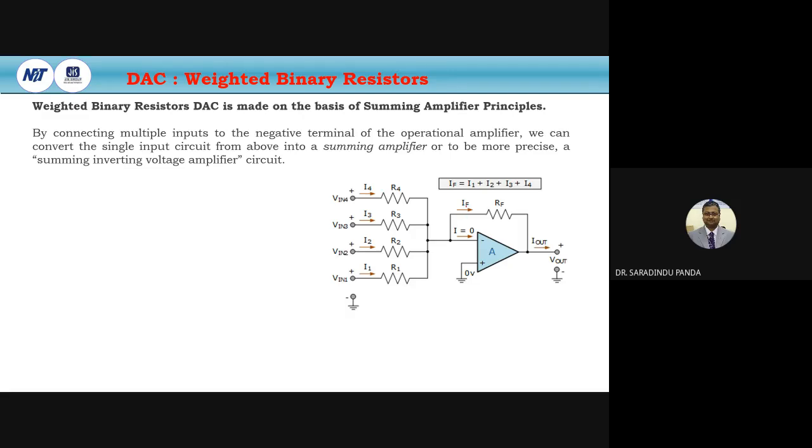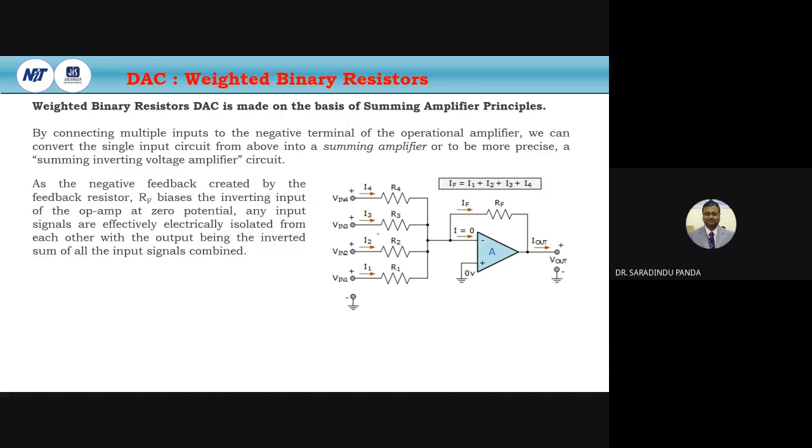Now the feedback current IF is the sum of I1, I2, I3 and I4. Then V0 minus Vout by RF is equal to IF. This is the basic principle of the summing amplifier.